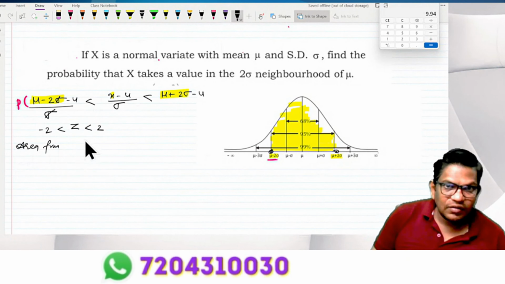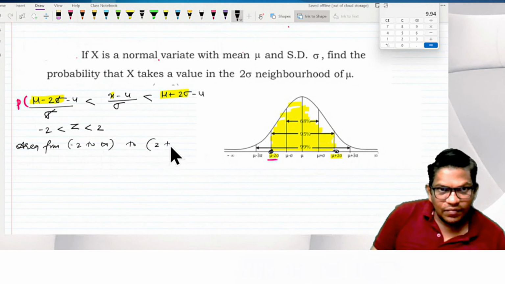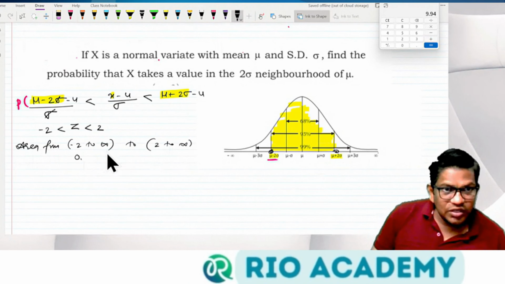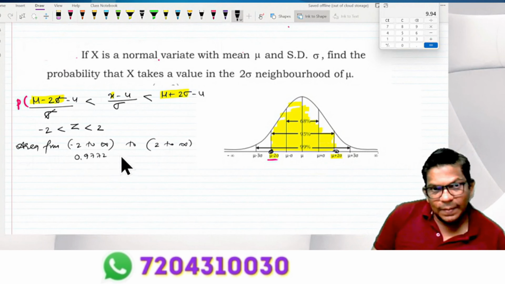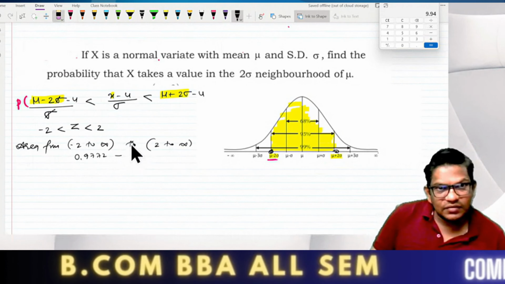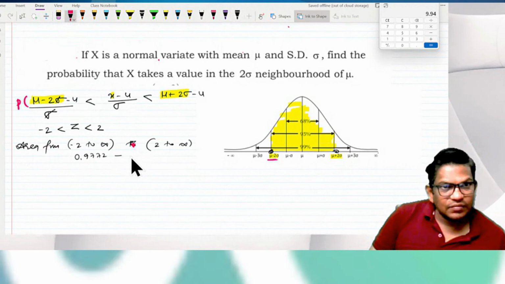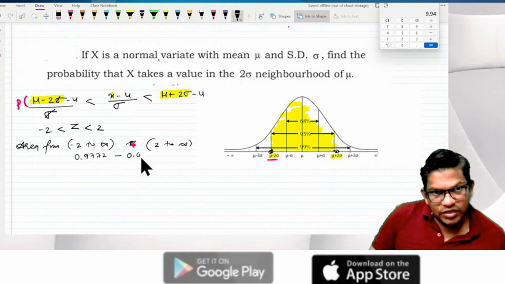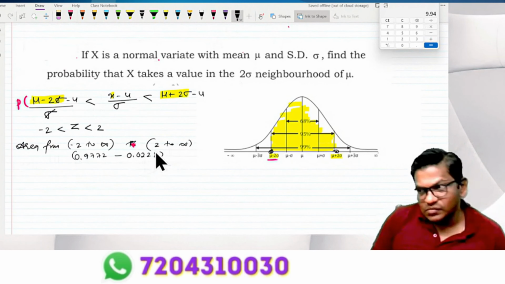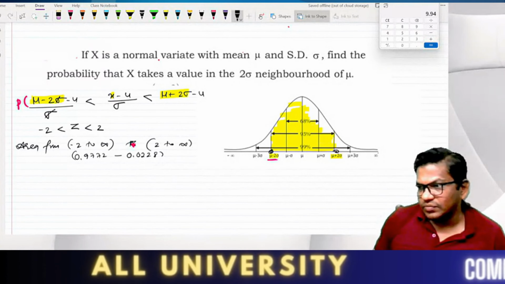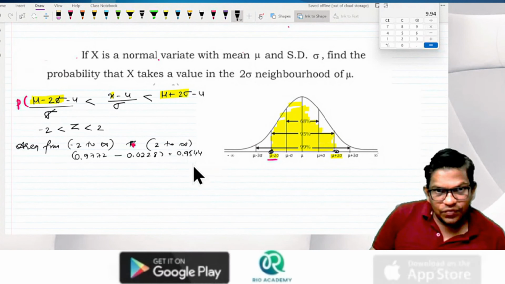So 0.9772 minus 0.0228. Minus, children, how much is it? 0.9544. That's it.